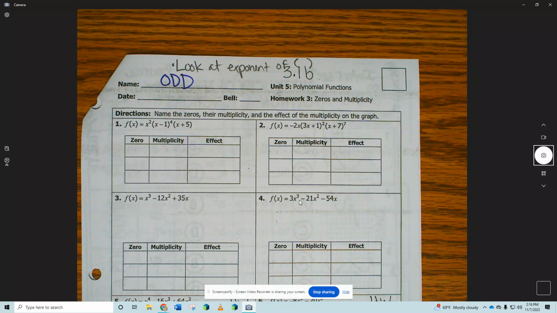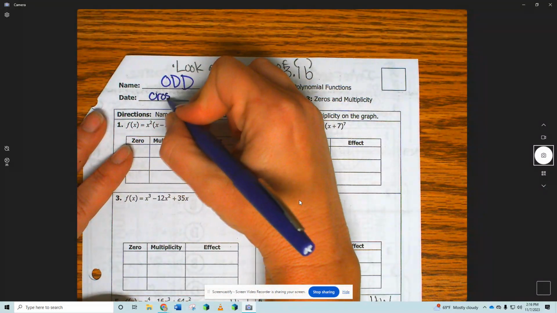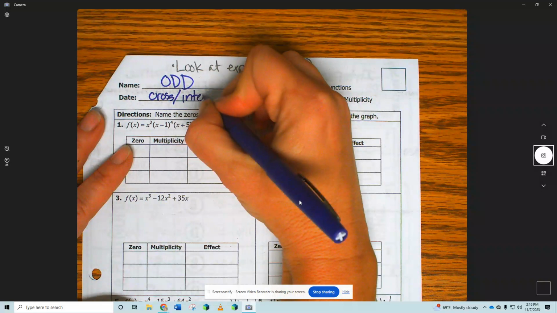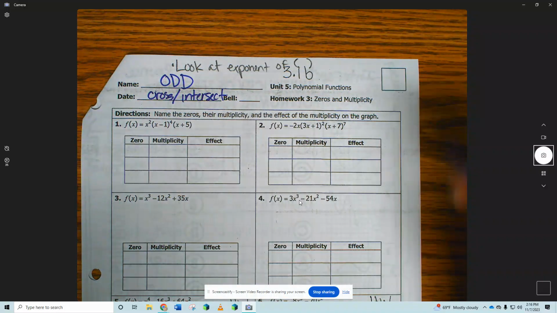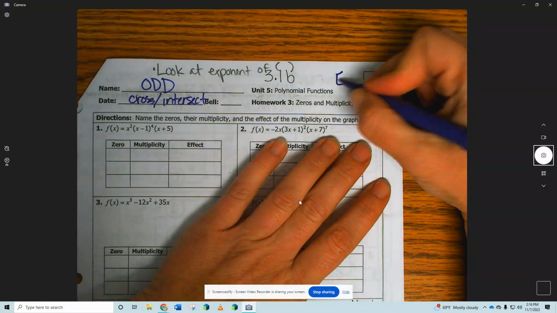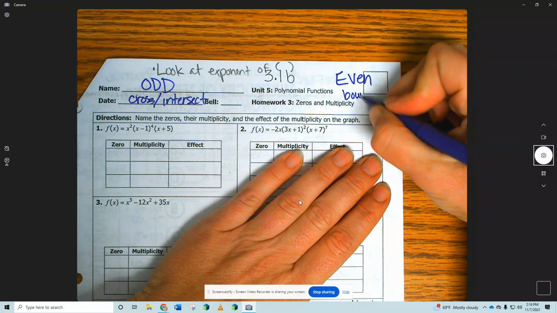Cross, intersect. Even exponents are going to bounce or touch.